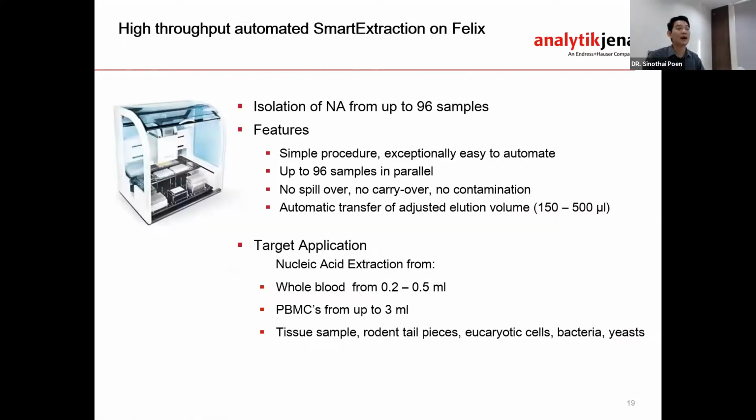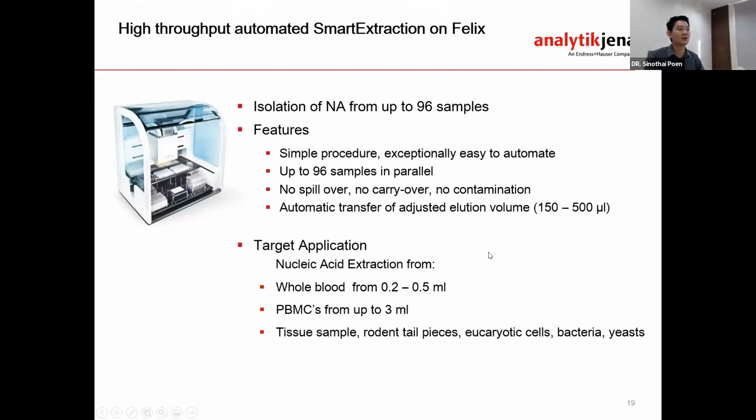Also, for higher throughput requirements, we have FelX, which is a liquid handling robot, which when used in conjunction with smart extraction, can perform nucleic acid extraction from up to 96 samples in parallel. With our tip sealing technology, we don't have a risk of spillover, carryover, or contamination.